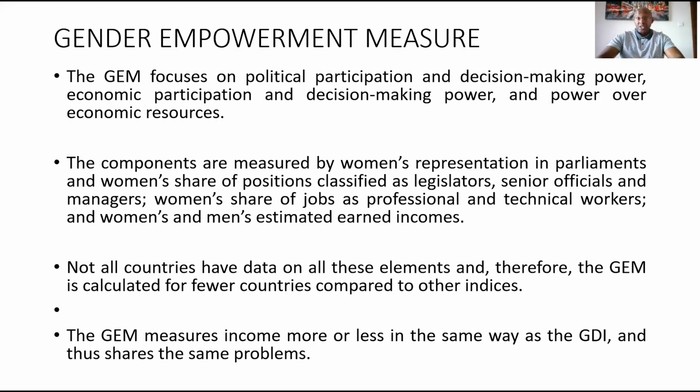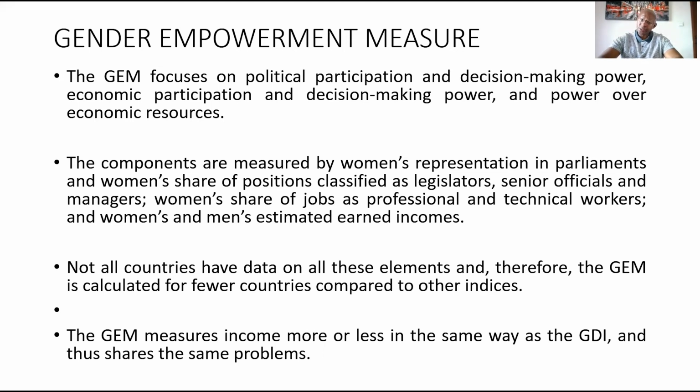There is also the Gender Empowerment Measure, and the GEM, in short, focuses on political participation and decision making and on power. The components are measured by women's representation in parliaments and women's share of positions classified as legislators, senior officials, managers, women's share of jobs such as professional and technical workers, and women and men's estimated earned income.